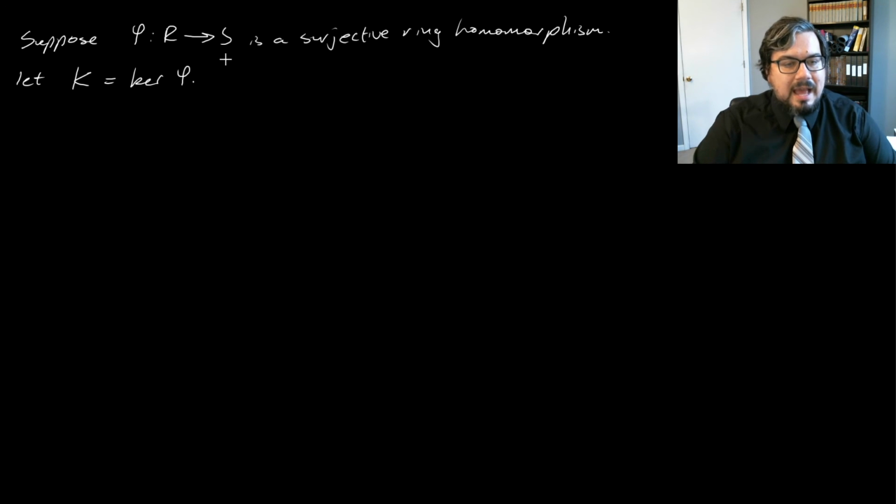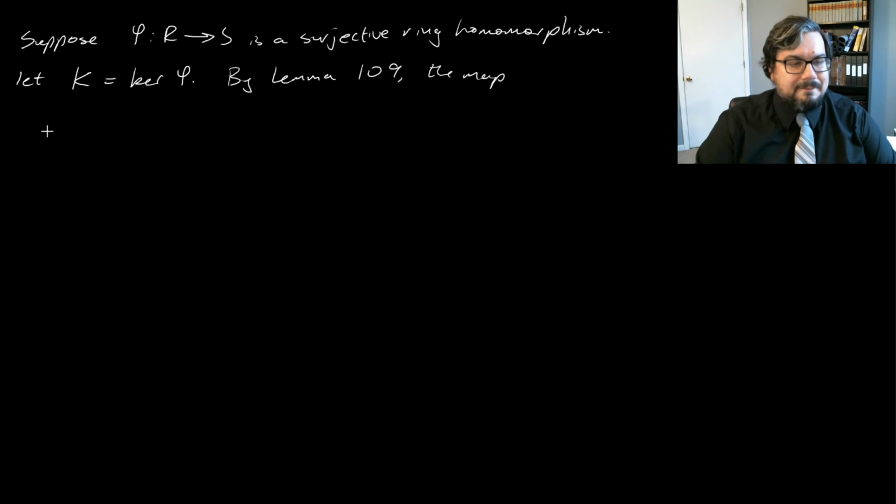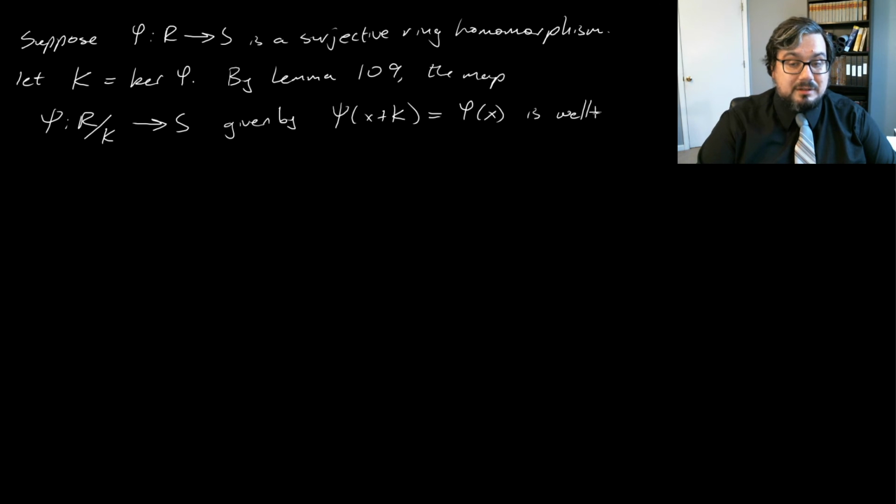So we have that by lemma 109, the map psi from R mod K to S given by psi of x plus K equals phi of x is well defined and a homomorphism.